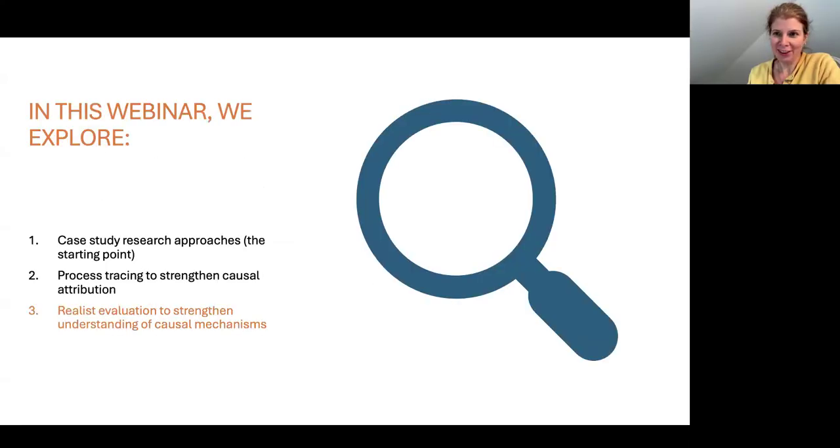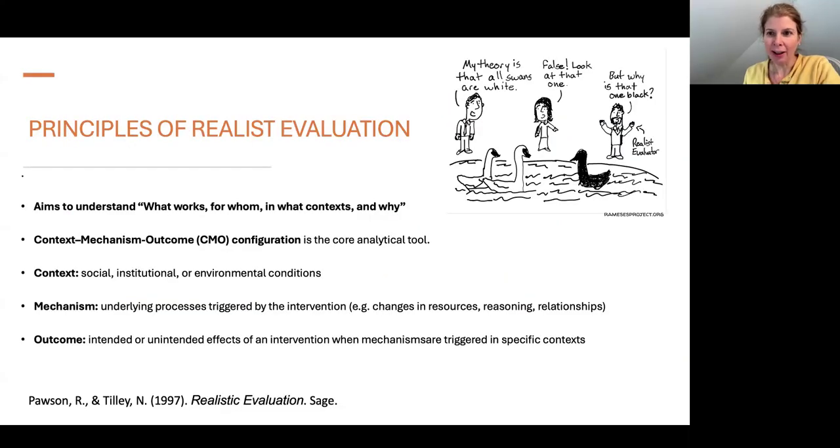Thanks so much, Carlos. And the final wing of this talk is about realist evaluation, which is the other obvious approach that we might turn to when thinking about evaluating a complex policy intervention. The Hollywood strapline for realist evaluation is that it helps you understand what works for whom, in what context, and why. That's a lot to promise people.